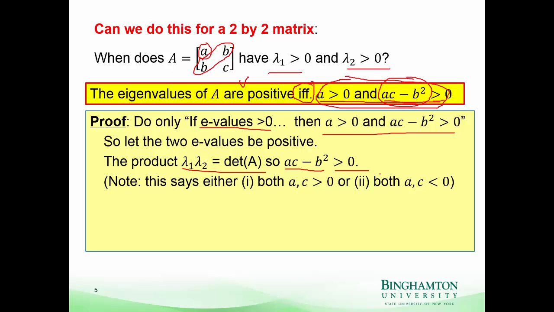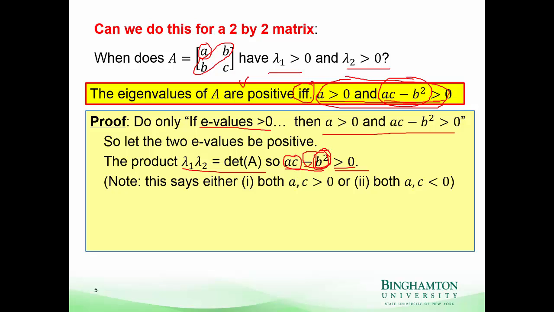Now, from this we can deduce that either of two cases must exist, right? This thing has to be greater than 0. This number is always positive, but because of the negative sign, that whole term there is going to be negative. So the only way for the whole thing to be positive is for AC to be positive and be bigger than B squared.